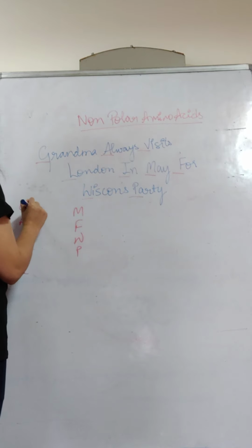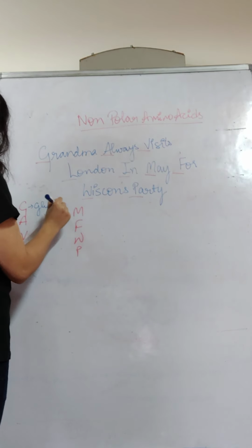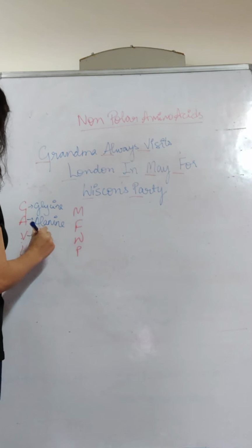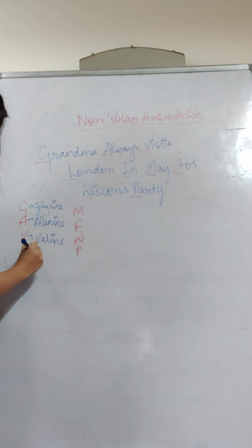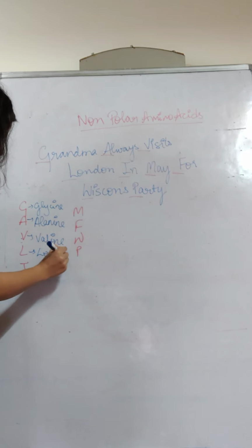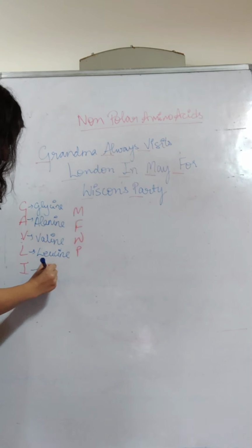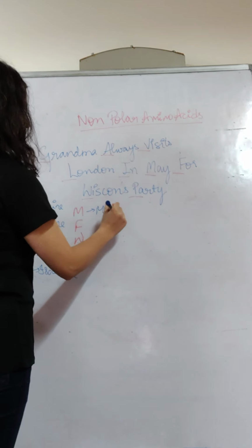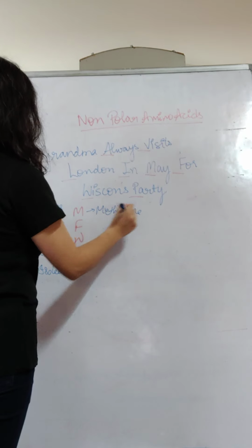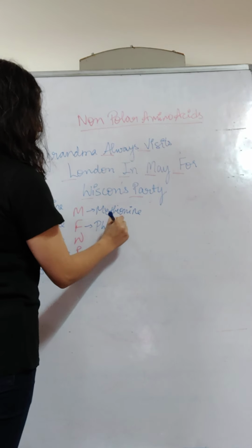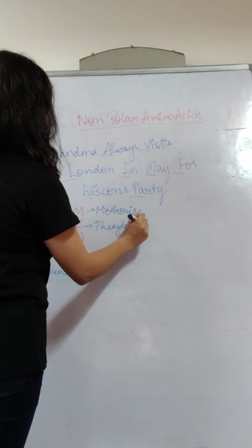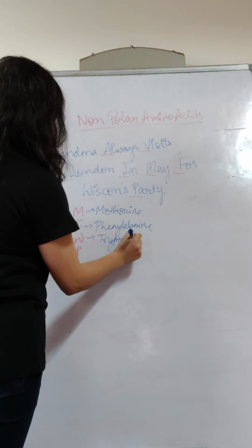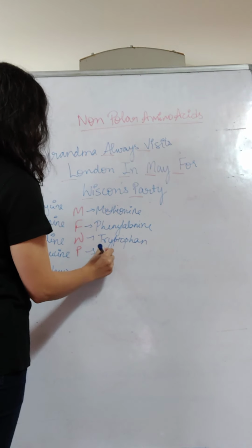G is for glycine, A alanine, V valine, L leucine, I isoleucine, M methionine, F phenylalanine, W tryptophan, P proline.